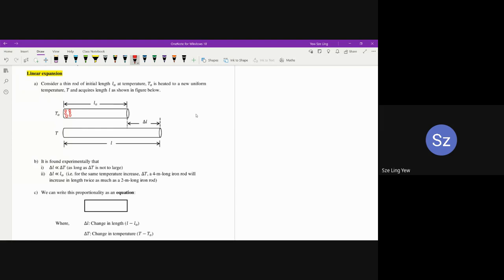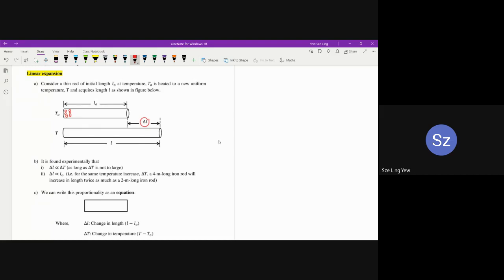In reality, the increase in length may be just 0.001 mm, something like that. Just very, very small. Delta L usually is just a very small value. The reason why they show you like this is so that you can see it, but it doesn't mean that they increase that much. It is impossible for something to expand that much.